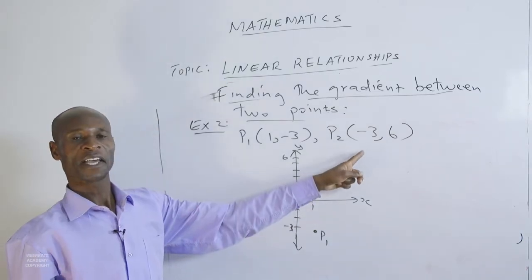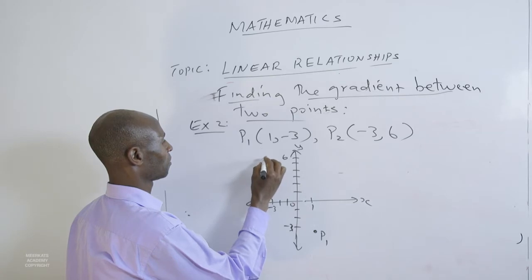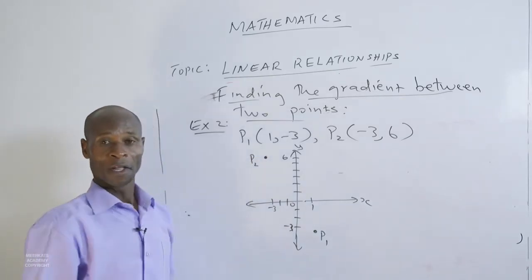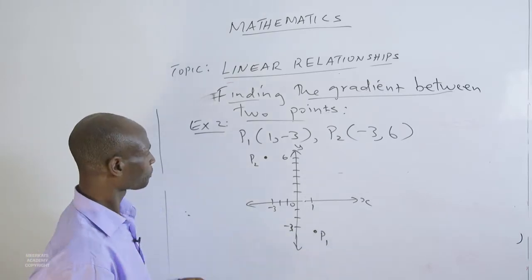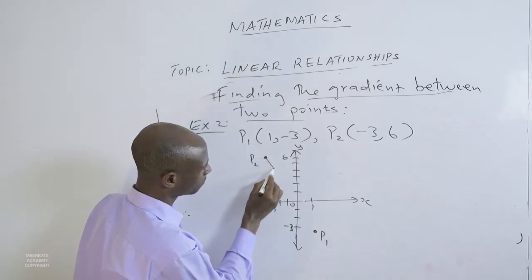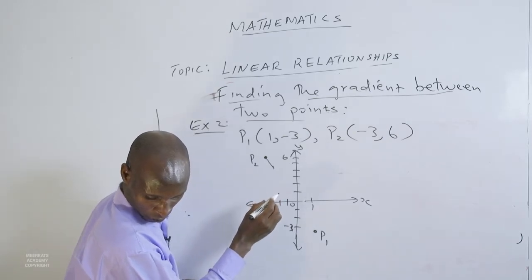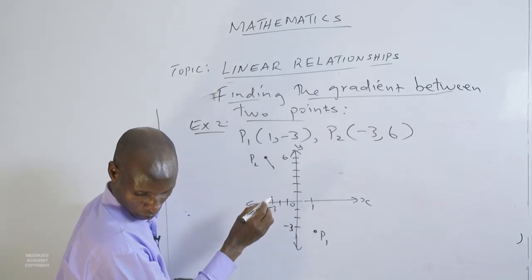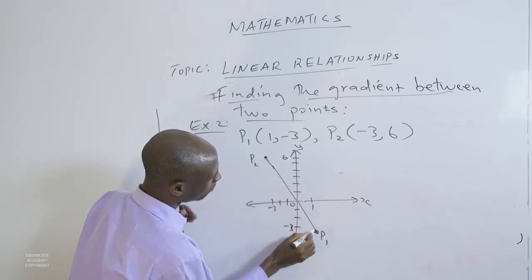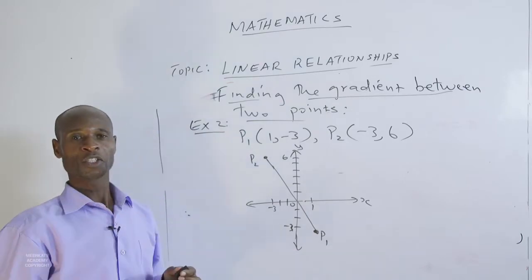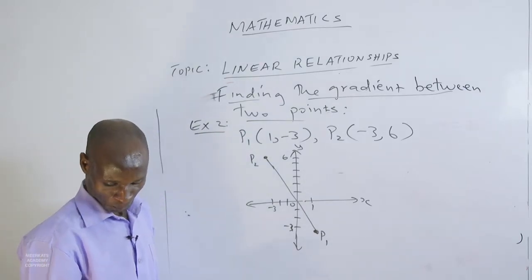The second point is (-3, 6). Then we join the 2 points. Once we join the 2 points, we obtain a straight line.